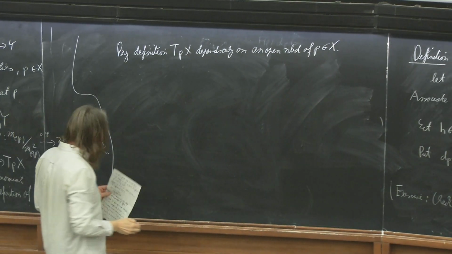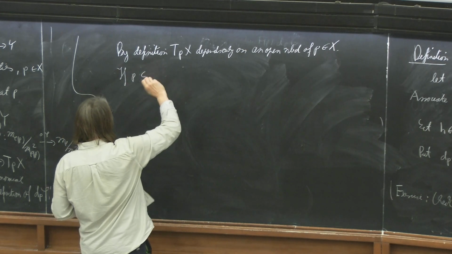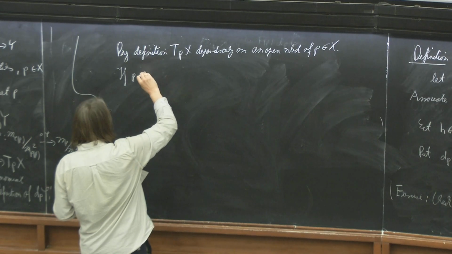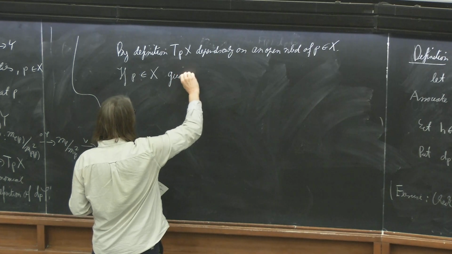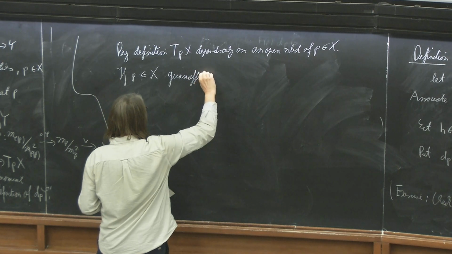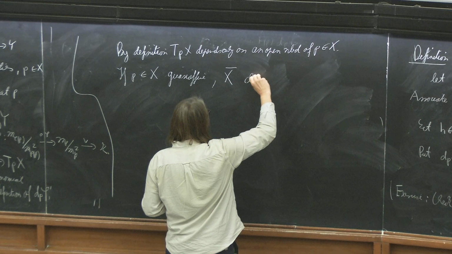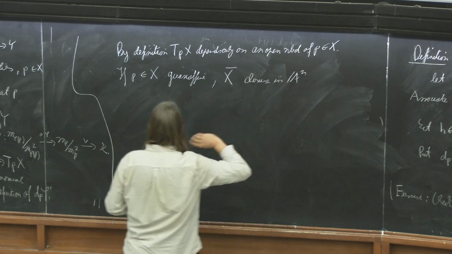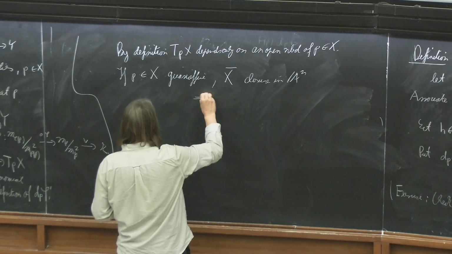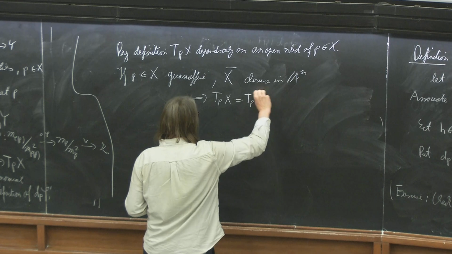So thus, if P is a point in X which is quasi-affine, so an open subset in an affine set, and X bar its closure in A^n, then obviously it follows that T_P X is equal to T_P X bar.